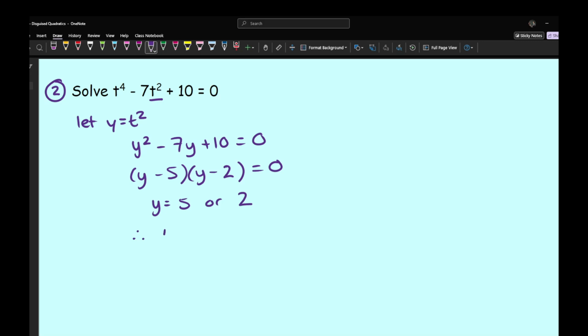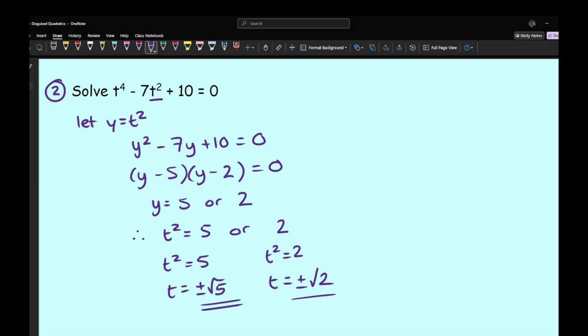So therefore t squared is going to equal 5 or 2. So if t squared equals 5, then t is going to equal plus or minus root 5. And if t squared equals 2, then t is going to equal plus or minus root 2. And there are our solutions for t.